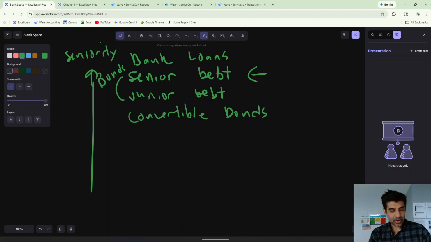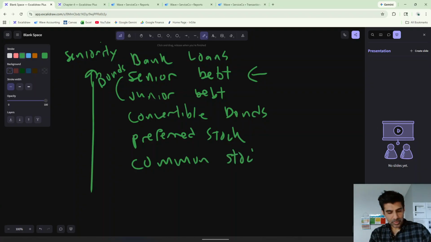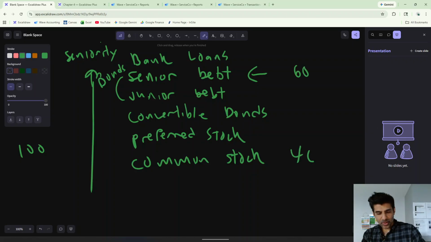And then you're going to have preferred stock and then common stock. So let's say the assets of the company were 100, the senior debt was 60, and the common stock was 40.